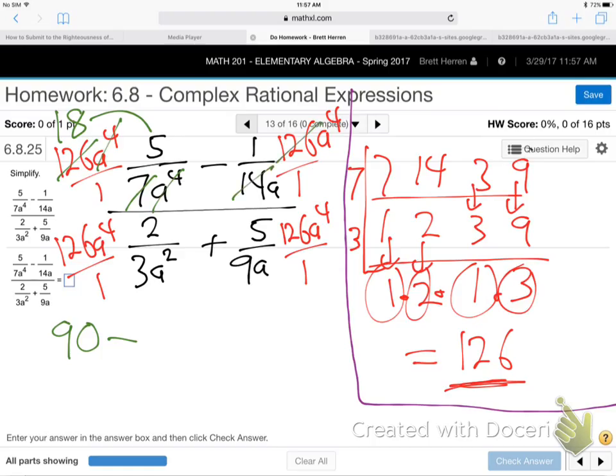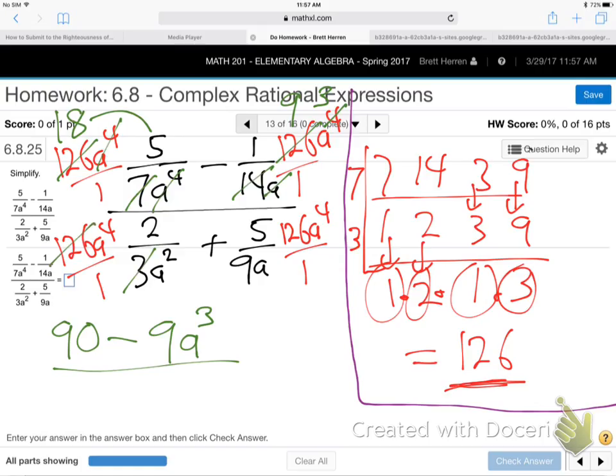14 to 126. Is that 9? Yeah, 9. And then what about the A's? It's 9 and then, yeah, this makes a to the third, doesn't it? Everybody good with the top? 3 into 126.